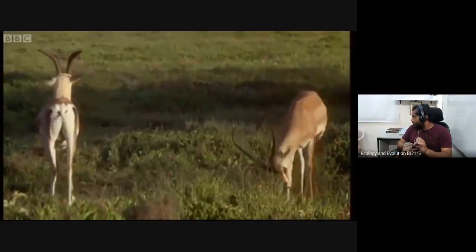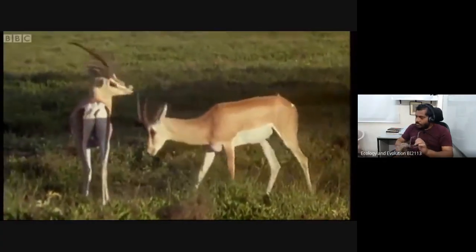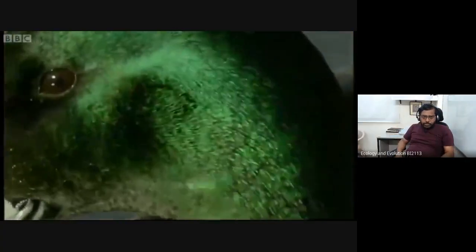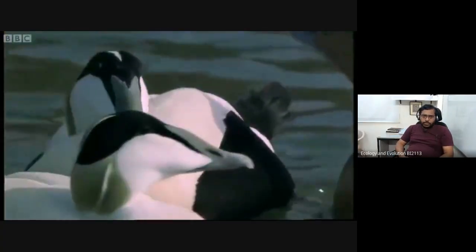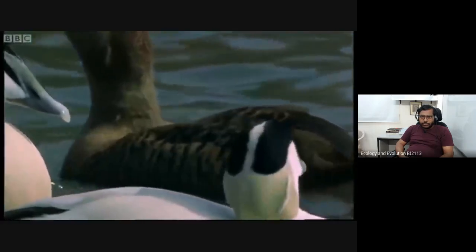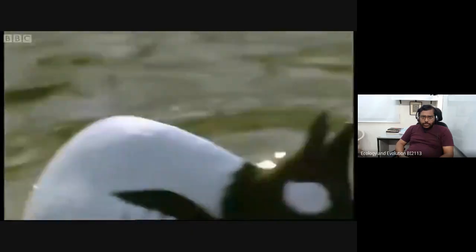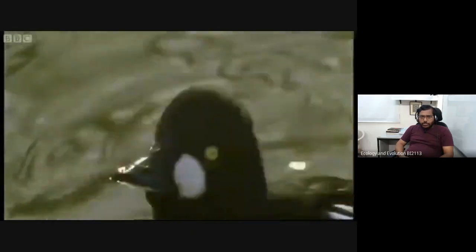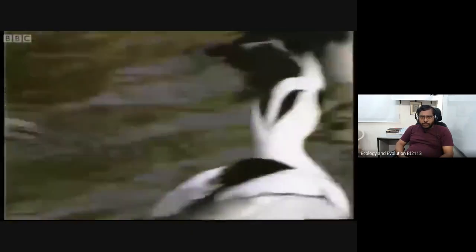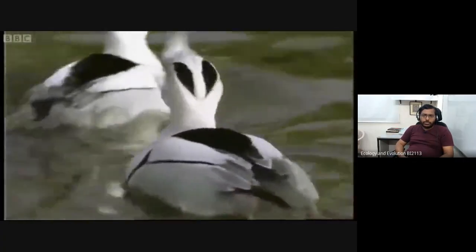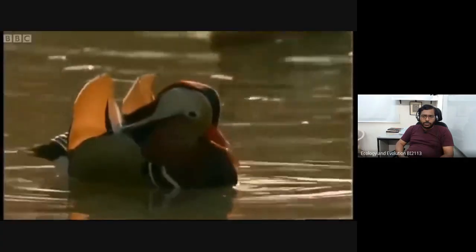Competing by brute force is one technique adopted by males, but there's another way, by being glamorous. Threatening rivals with striking plumage is the domain of birds. These are mandarin drakes, beautiful, but displaying for sexual dominance.